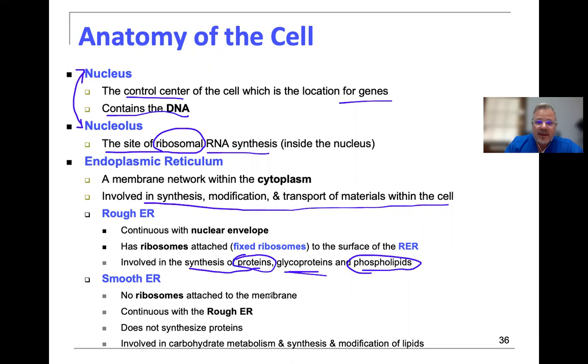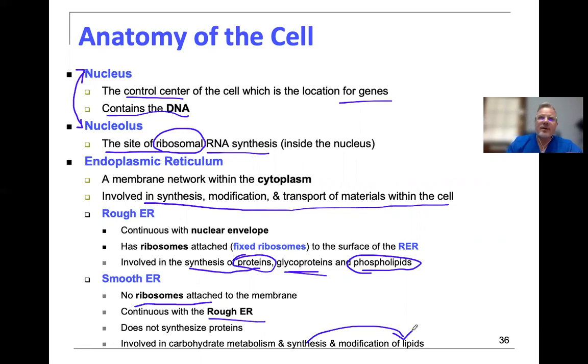Now the smooth ER, let me see if I can move this a little bit. Okay, the smooth ER means there's no ribosomes attached to the membrane, so it gives it the smooth appearance. It is continuous with the rough endoplasmic reticulum, but this one is not involved in protein synthesis. It's involved with carbohydrate metabolism and the synthesis and the modification of lipids and even cholesterol.